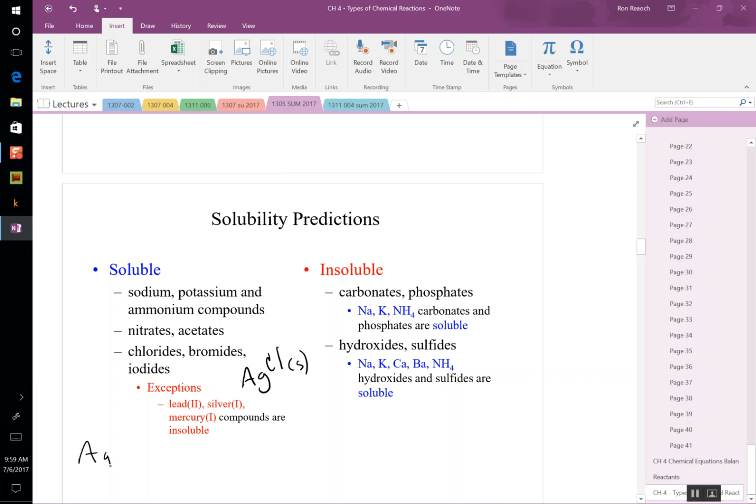If I took silver nitrate and I reacted it with sodium chloride, this is soluble. Why? It's a nitrate. This is soluble. Why? Because all sodium compounds are soluble. I would get silver chloride. This silver is going to see that ion and form a precipitate.